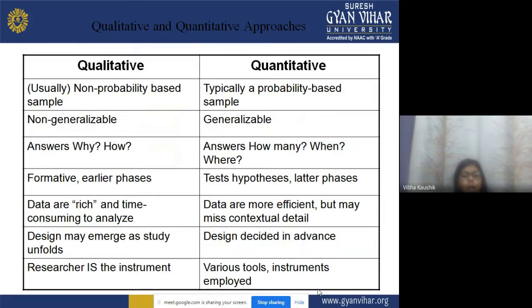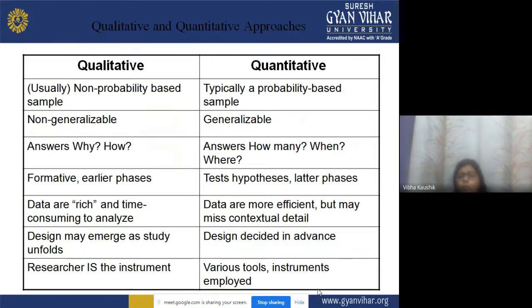Data are rich and time consuming to analyze; interpreting the collected data is a very time consuming job. Design may emerge as the study unfolds, as the study continues. Researcher is the instrument.